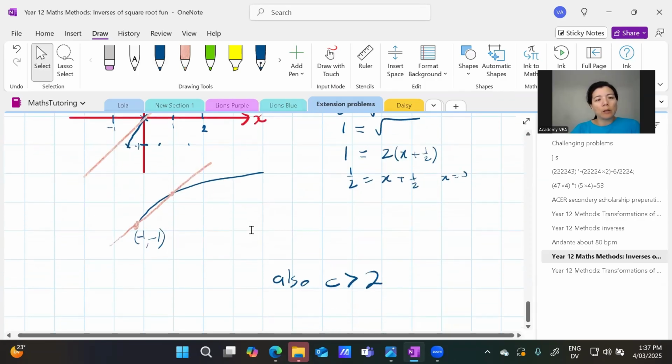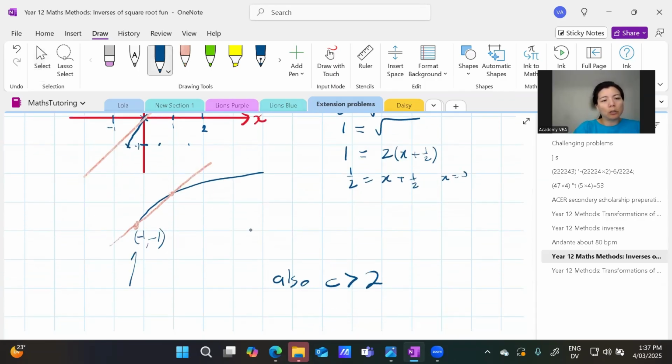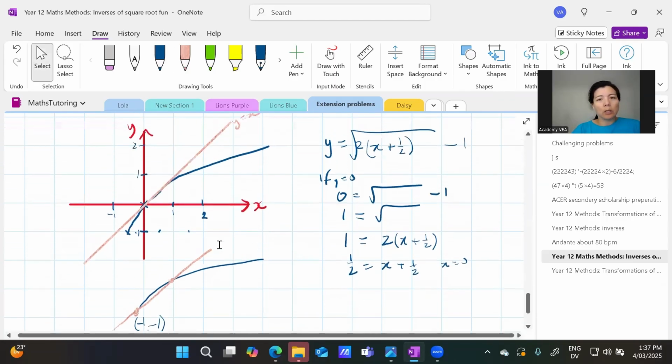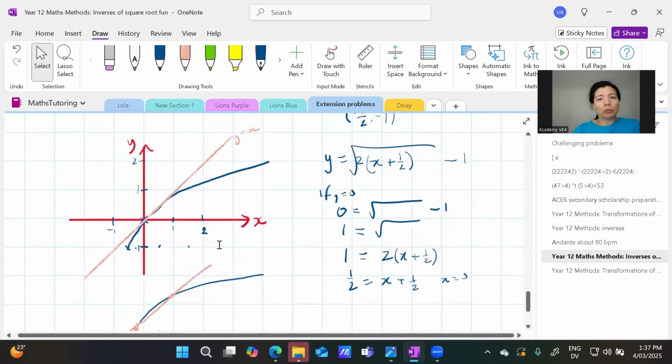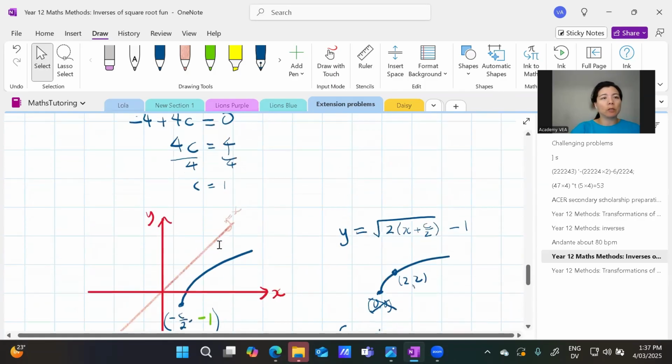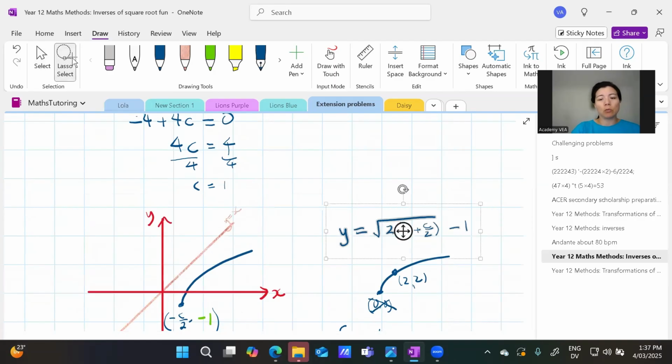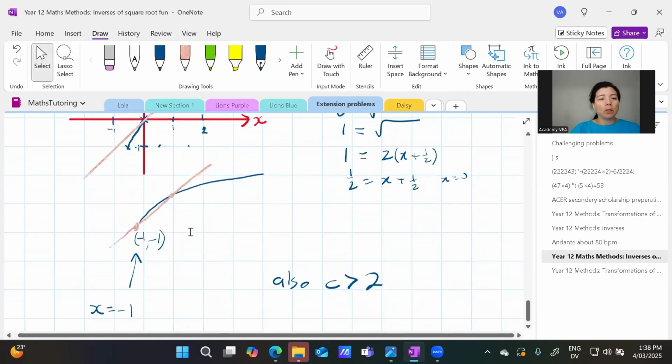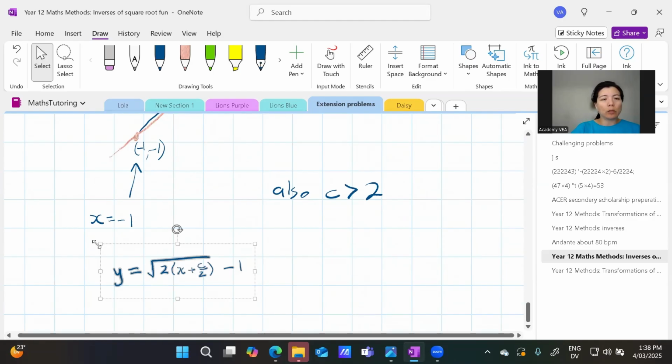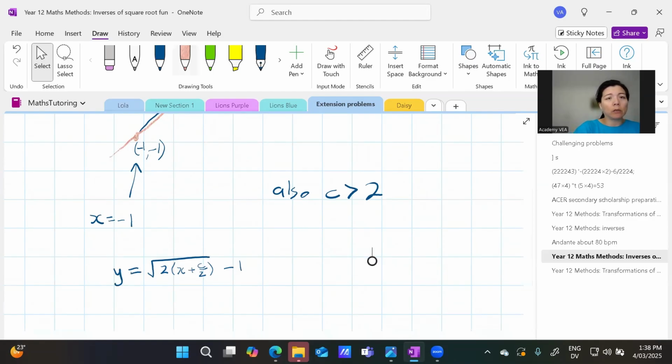And so to find that borderline situation, x is -1 and y equals -1. So if we go back to this equation here, because assuming we didn't know what c was, you would plug in x equals -1 and y equals -1 as well, and then we can find out what c is.